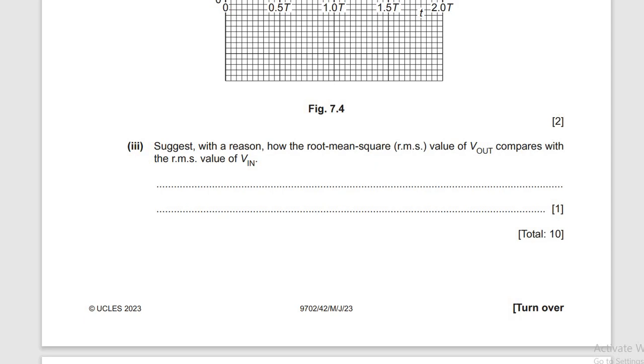Suggest with a reason how the root mean square value of output compares with the root mean square value of input. Okay, this is it.